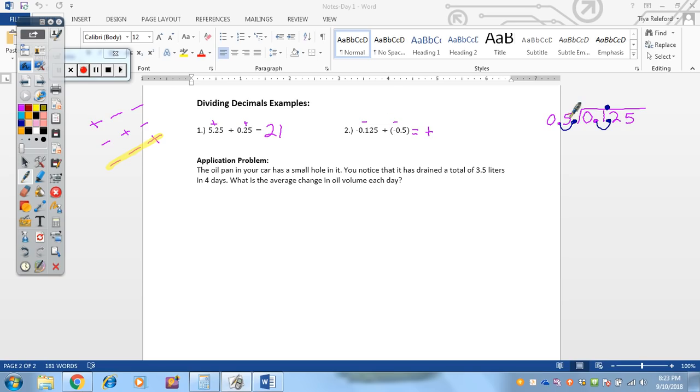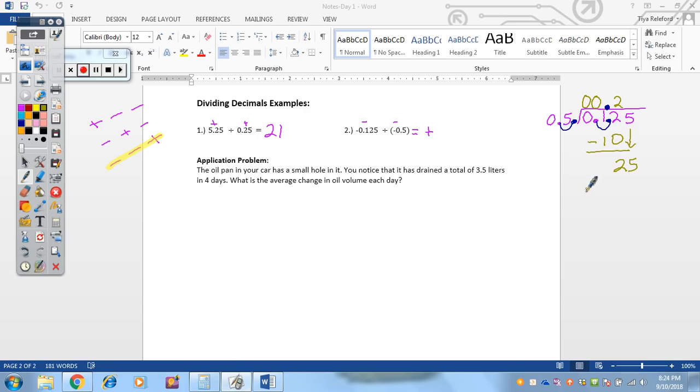Now, so essentially this is 5, right? So how many times does 5 go into 0? How many times does 5 go into 1? 2 numbers before, 2 numbers before. How many times does 5 go into 12? Twice, because 2 times 5 is 10, so we can subtract 10 now and bring down that 5.